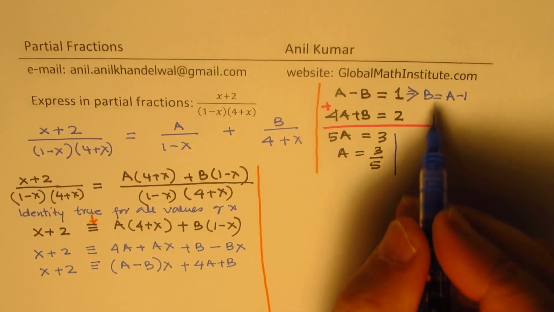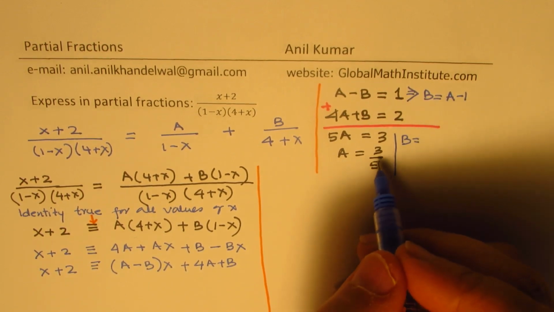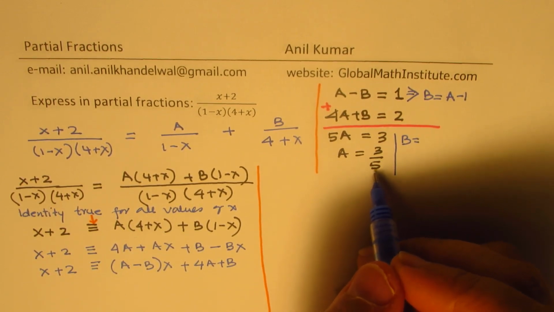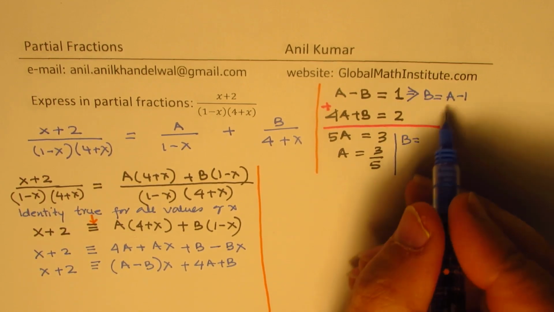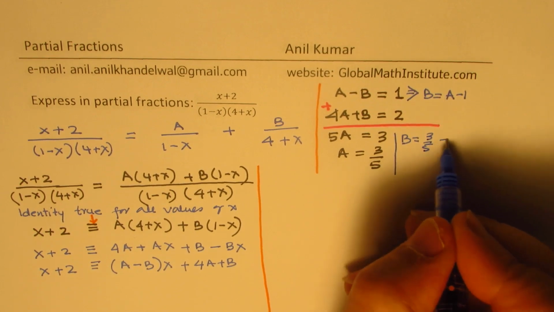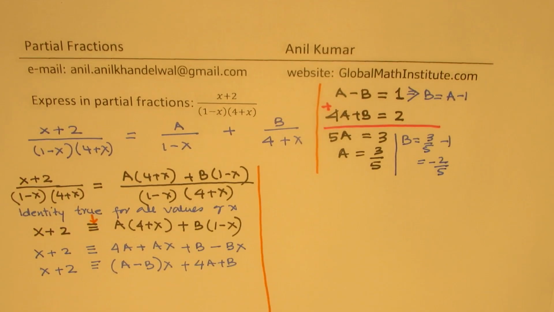So we can find the value of b also. So b equals a minus 1. A is 3 over 5. So what we get here is 3 over 5 minus 1. So b is minus 2 over 5. Is that clear to you?